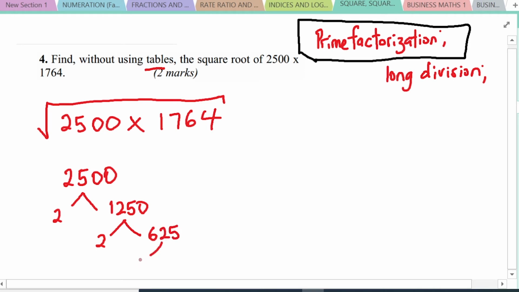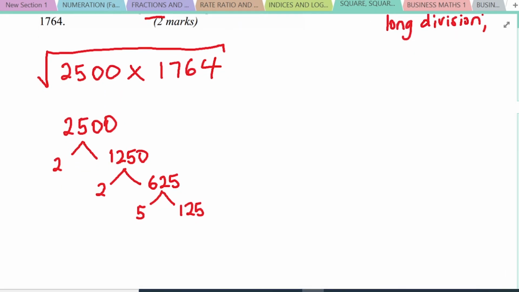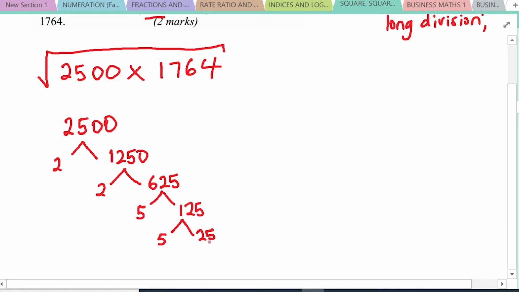Is it divisible by 3? 625 is not divisible by 3, so let's divide it by 5. When you divide that by 5, we shall end up with 125. If we continue to divide that by 5 again, we shall end up with 25. And if we divide that by 5, we shall end up with 5.